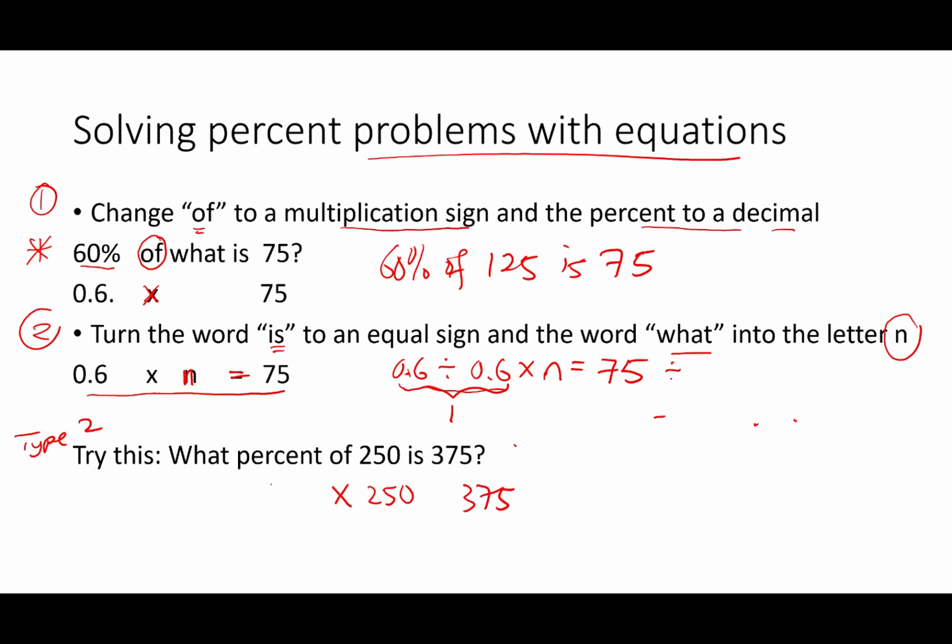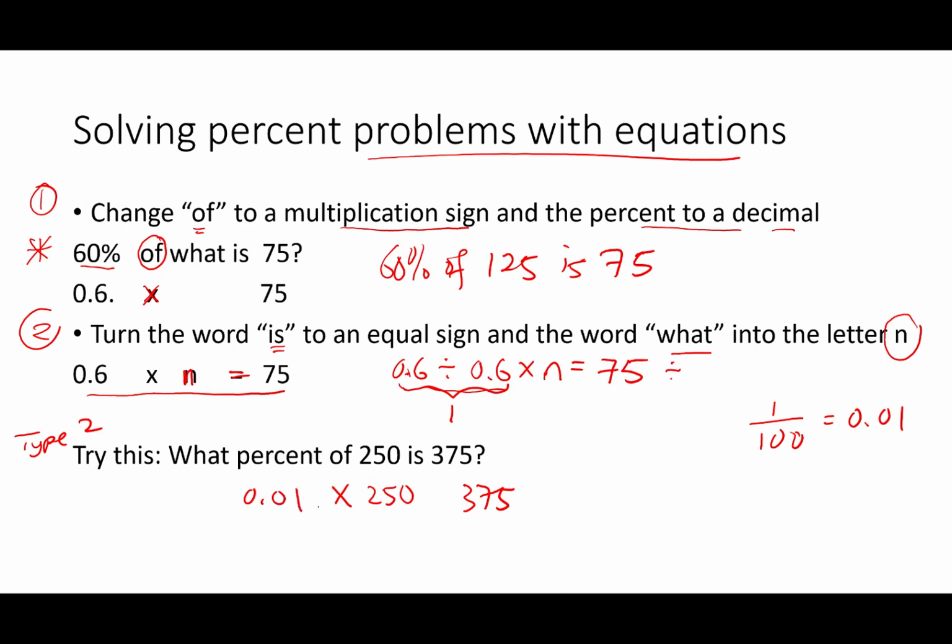Now, percent. What percent? In this question, percent is out of 100, so it really means 1 out of 100. Now 1 out of 100, from fraction to decimal, is equivalent to 0.01. So we change the percent into a decimal, which is represented by 0.01.